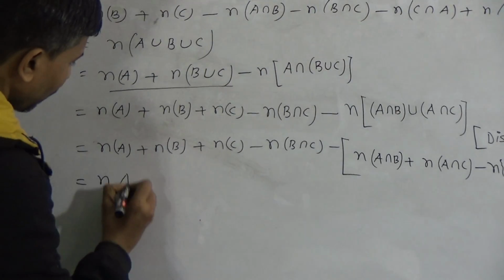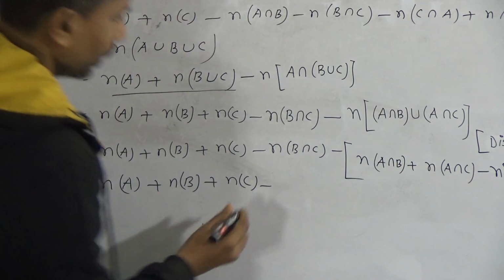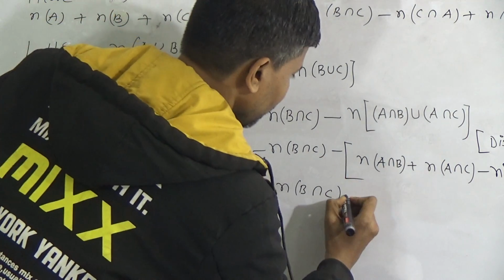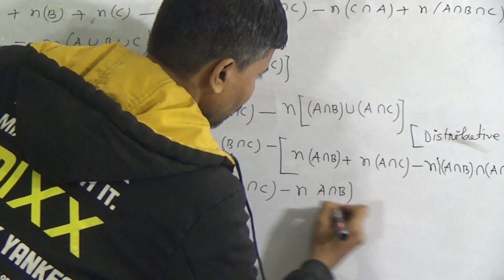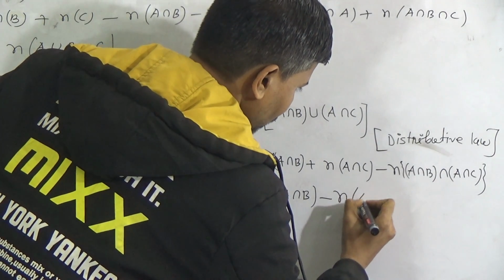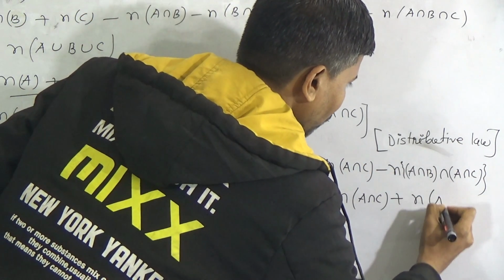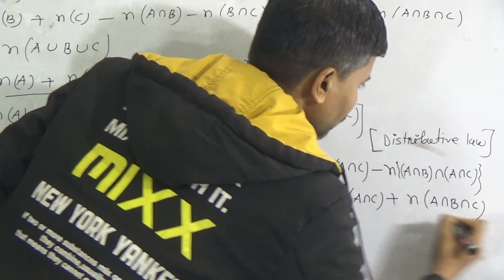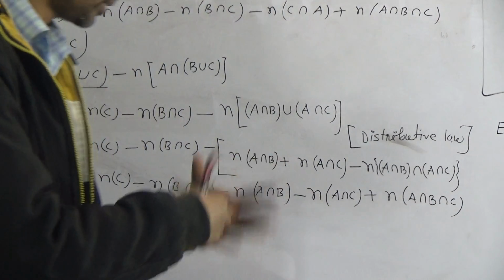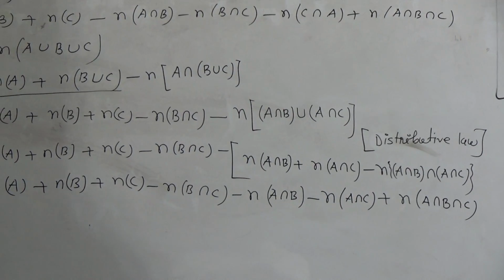Now number of A plus number of B plus number of C, with signs minus, plus, minus, and then plus number of A intersection B intersection A intersection C. In a word we can write this as A intersection B intersection C. Student, now look at the proof.